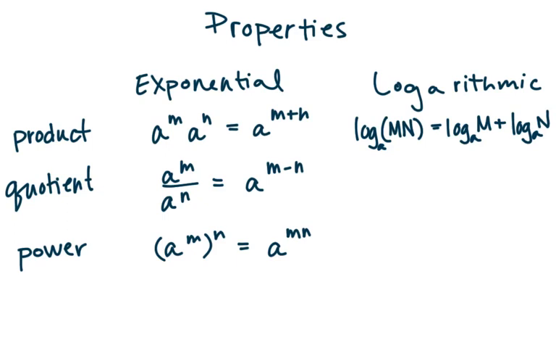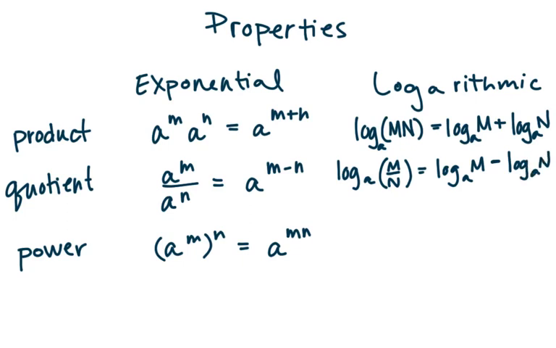We separate the factors and add the two logs. The same idea occurs with the quotient rule: log base a of a quotient m over n equals log base a of m minus log base a of n.